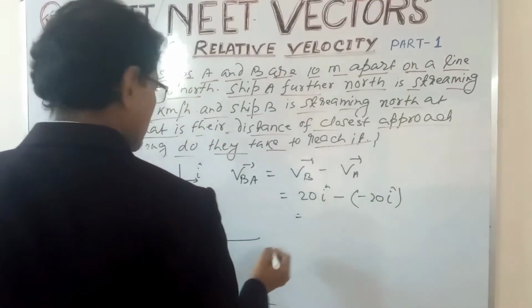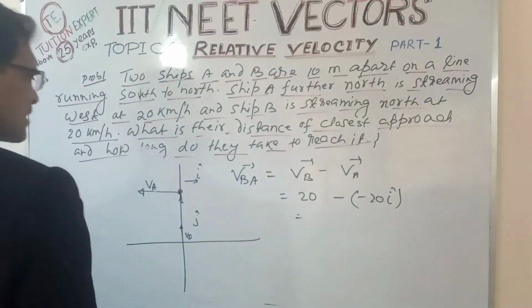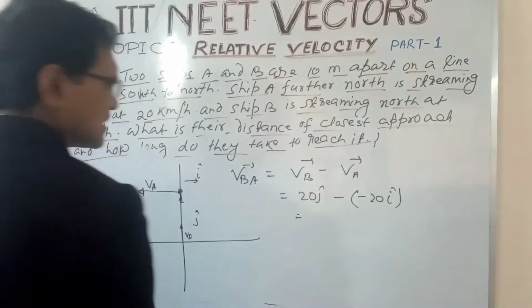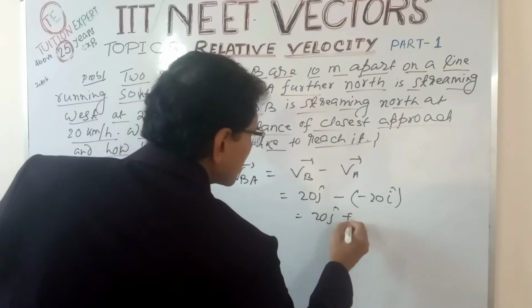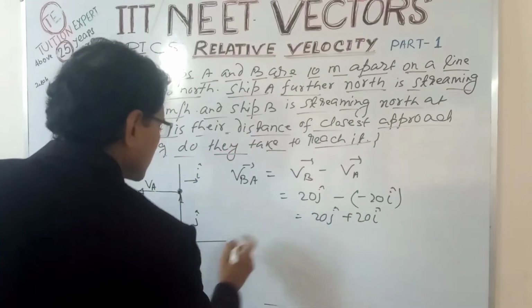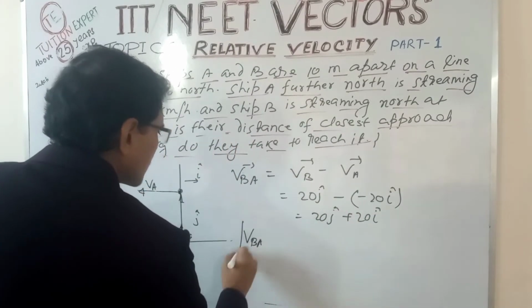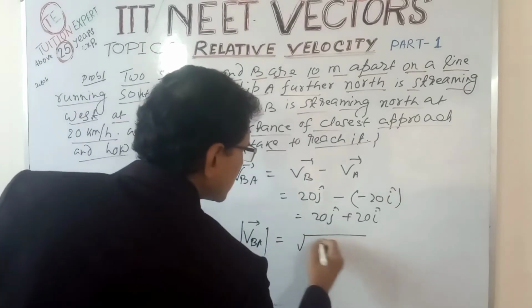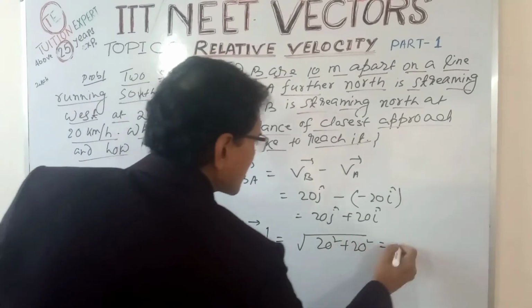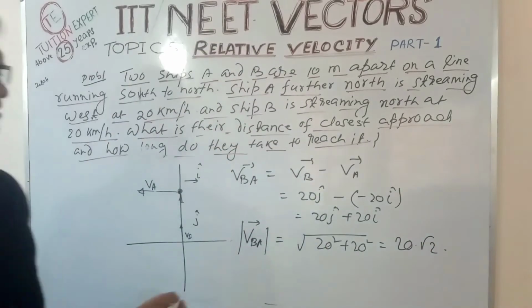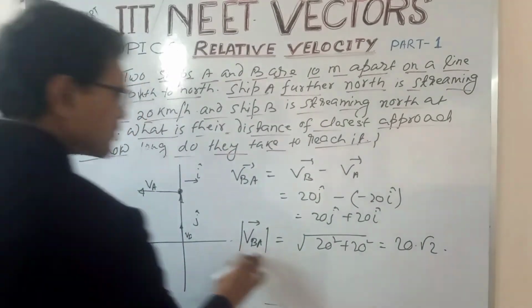That is, VBA is actually 20J plus 20I, and this is this. So the magnitude of this is equal to this. So the magnitude of VBA is this.